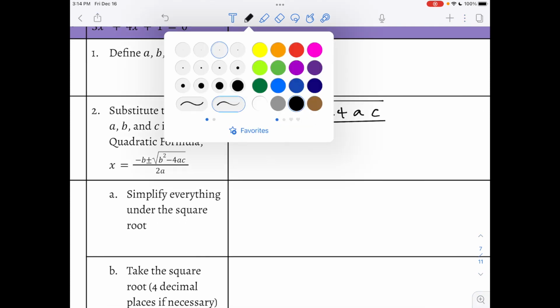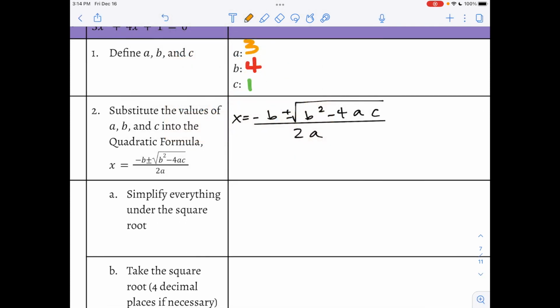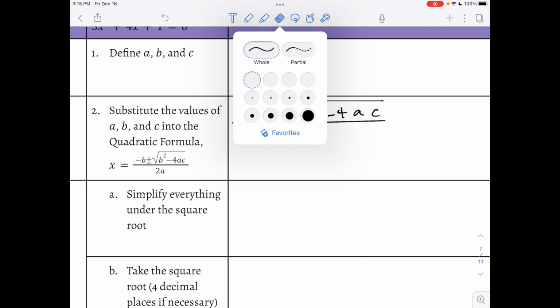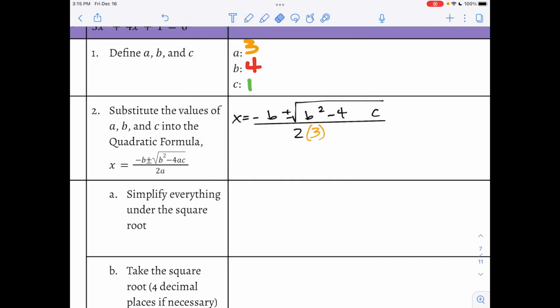Okay, our a's we're going to put in orange. So we're going to place our a here with 3, and our a here, also with 3.